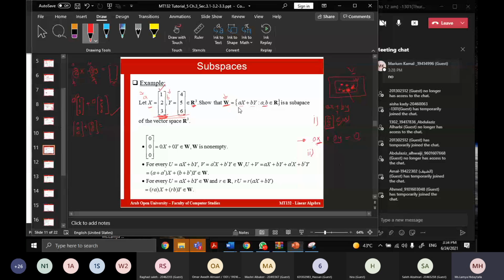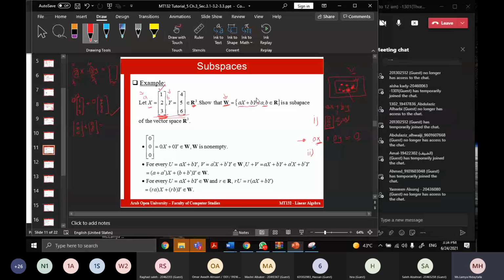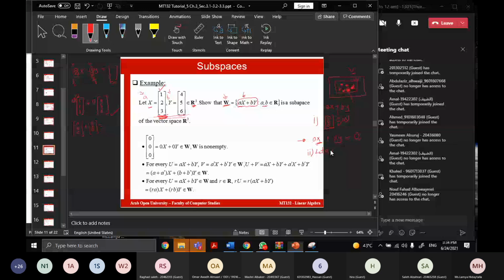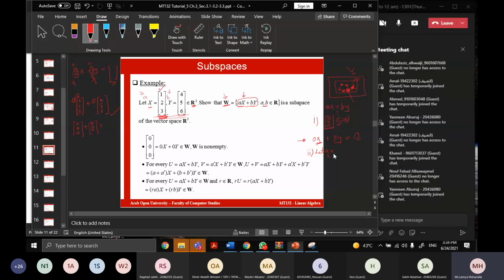When I take an element from a space, it should look like the elements in that space. So what is the first vector? Here you say let it be A1 x plus B1 y.